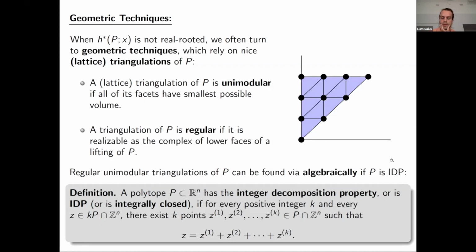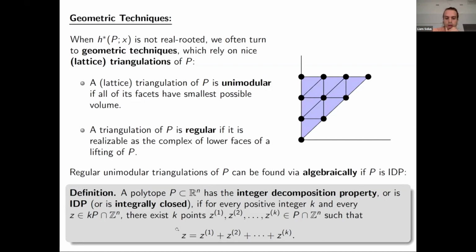So this is short for the integer decomposition property, or sometimes called integral closure of the polytope. And it essentially says that for every positive integer k and every lattice point in the kth dilate of the polytope, there should exist k points in the original polytope, again lattice points, that sum up to give us our point.